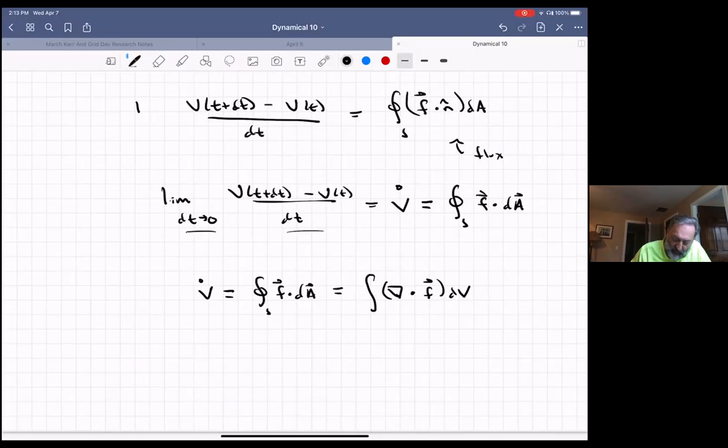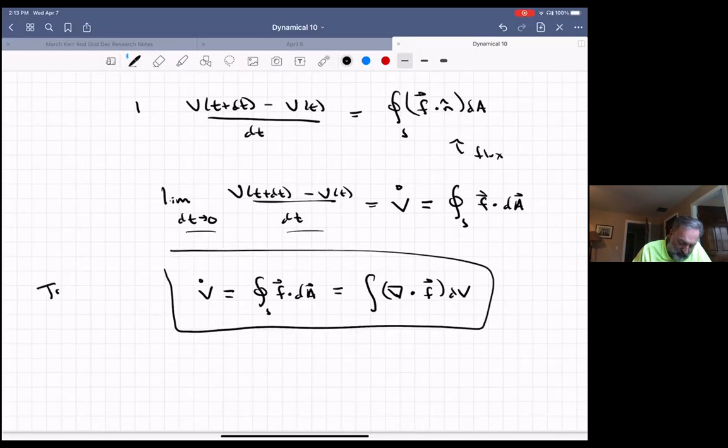So everything that I've done up to this point is true for any flow. I haven't used the fact that this is the Lorenz flow that I'm interested in.